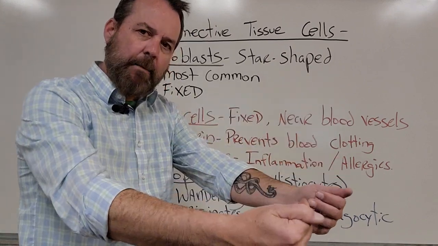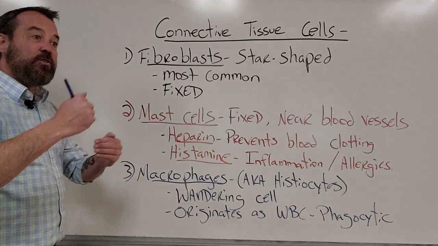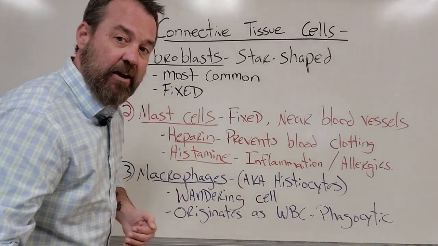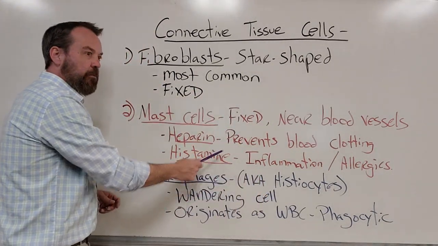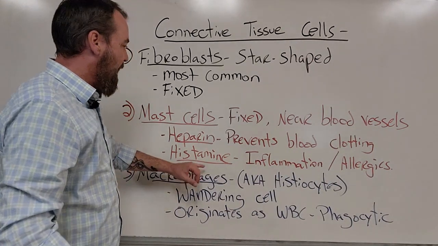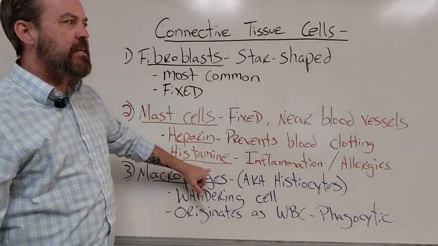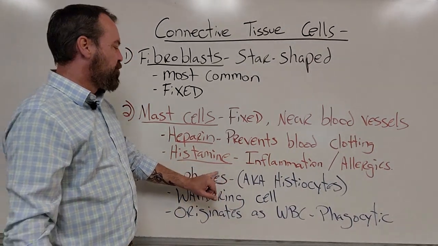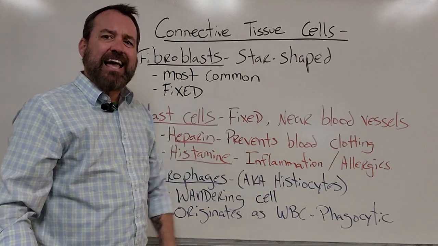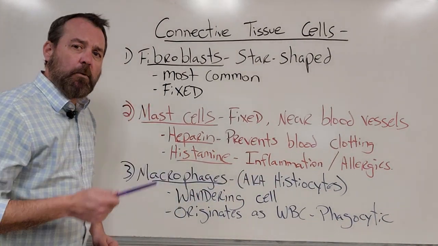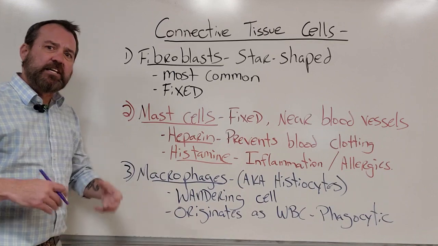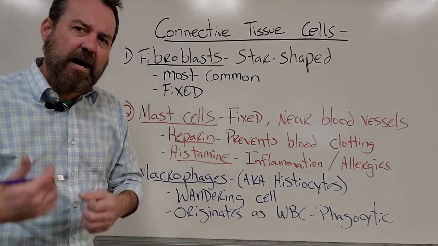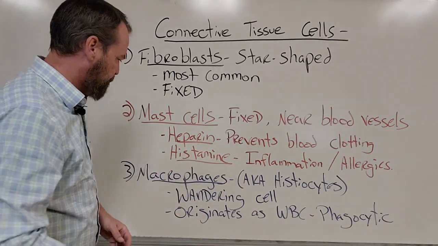So we can move blood, white blood cells, and anything else into an area that we need to, because we can stop the blood from clotting using heparin. Mast cells also release histamine, and we associate histamine with inflammation and allergies. Inflammation is a normal part of your body's processes. It's your body's attempt to stop the spread of microbes, which is why we get inflammation.